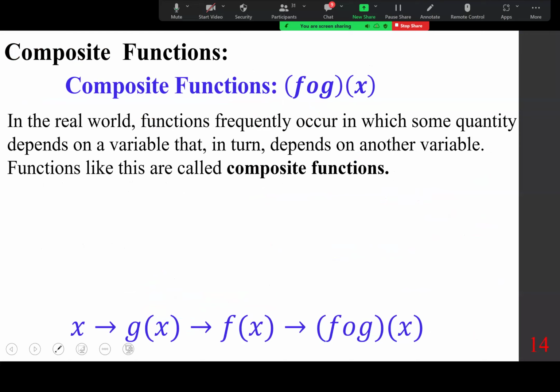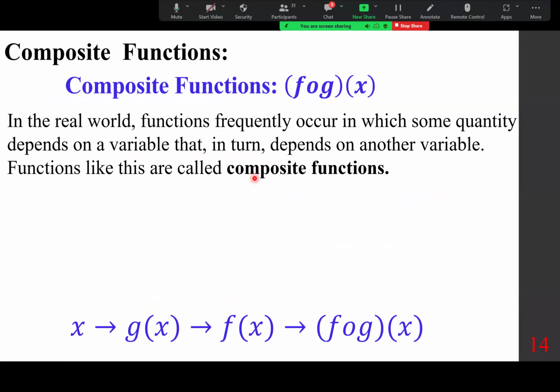Composite functions, f of g of x. In the real world, functions frequently occur in which some quantity depends on a variable that in turn depends on another variable. Functions like this are called composite functions.